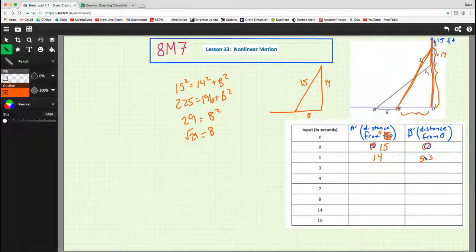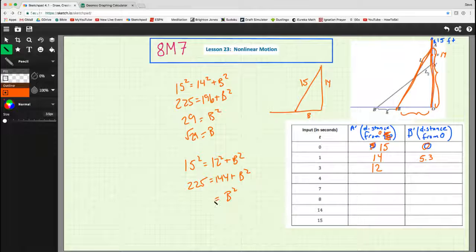I'll do one more, and then I'm going to let you fill out the rest of the chart. So let's do when we have 3 seconds. So after 3 seconds, this ladder's fallen 3 feet because it's moving 1 foot every second. So this is 12. So we have 15 squared equals 12 squared plus b squared. 225 equals 144 plus b squared.